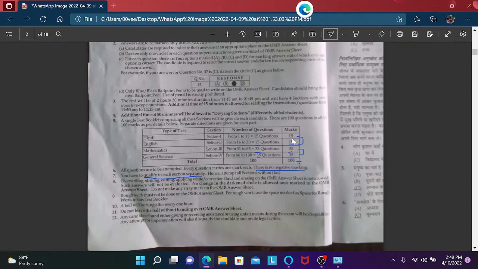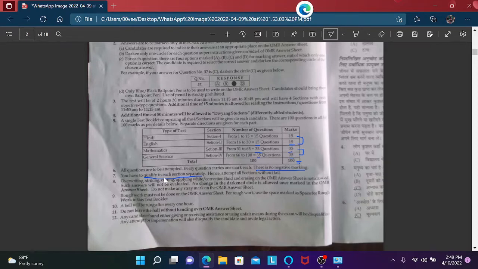For maths it is 35 questions, and for general science also 35 questions. In total, 100 questions and 100 marks, and there is no negative marking.